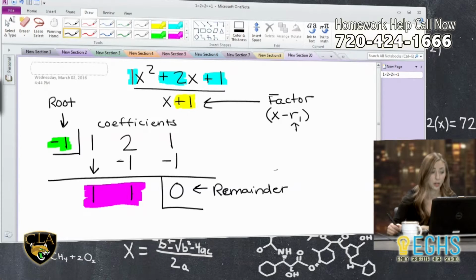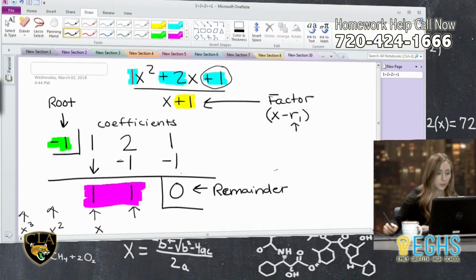This first one is our constant, and this next one is the x term. If we had any more, it'd be the x squared, and then x to the third, because you can do this with a lot of different polynomials, but we just go up to x. So our answer to this is 1x plus 1.